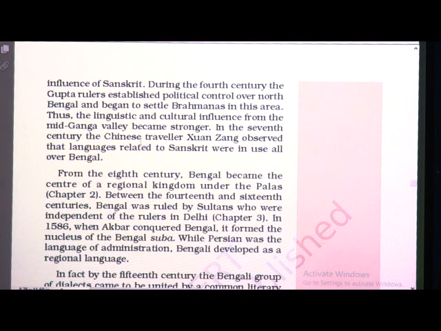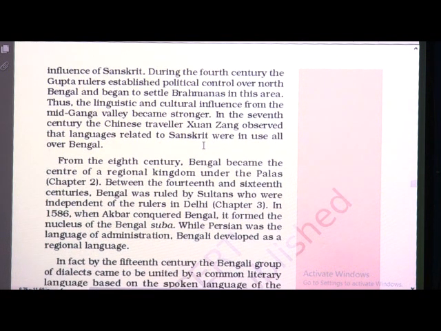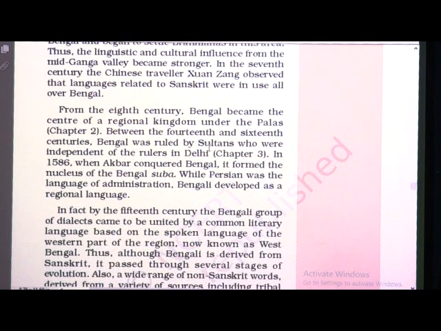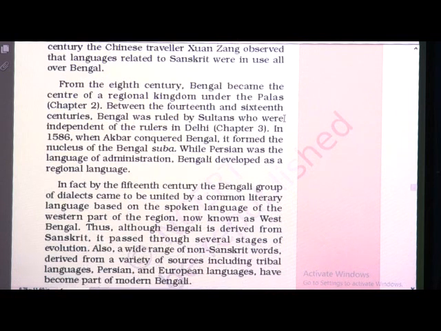In the 7th century, the Chinese traveller Xuanzang observed that languages related to Sanskrit were in use all over Bengal. Now, from the 8th century, Bengal became the center of a regional kingdom under the Palas.